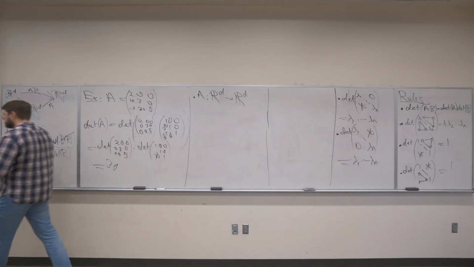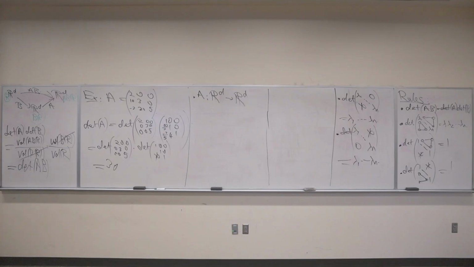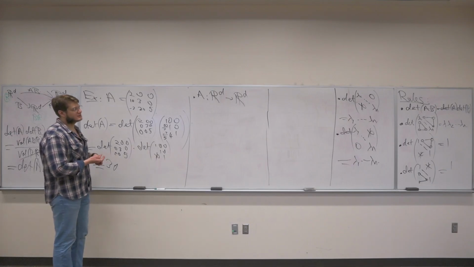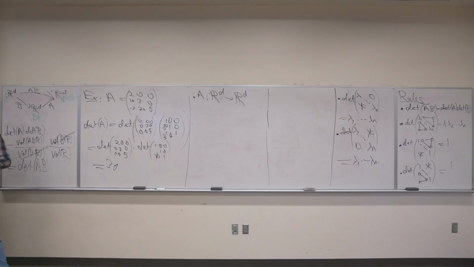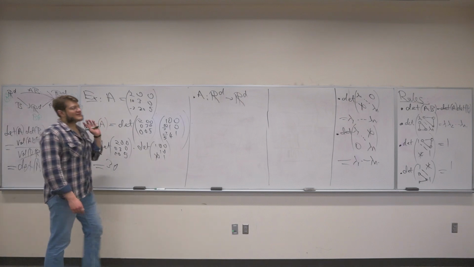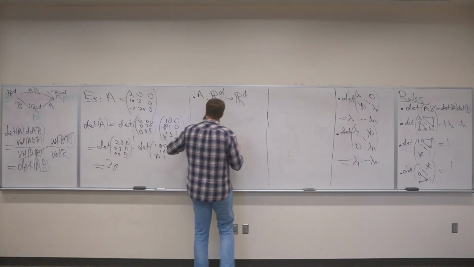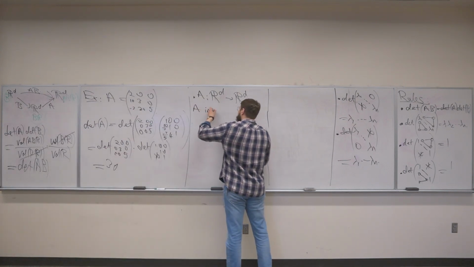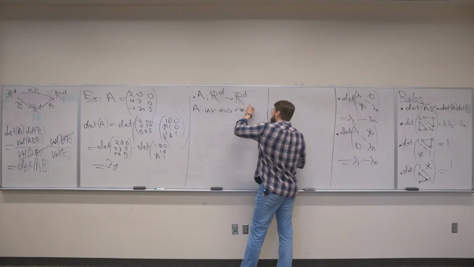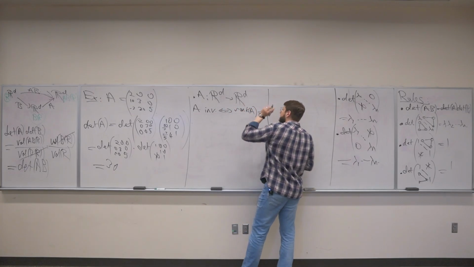We know by now that A is invertible, has a multiplicative inverse, if and only if its rank is the maximum possible, in this case, D. In other words, when you row reduce A, you should be able to get the identity matrix, or at least exactly D pivots. Invertible is the same thing as rank of A is D.